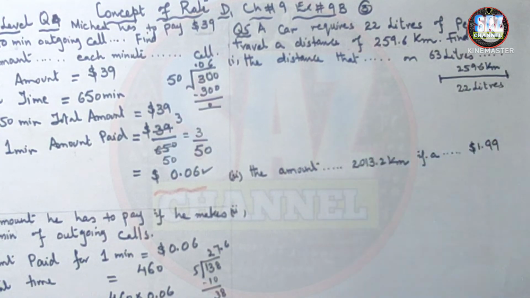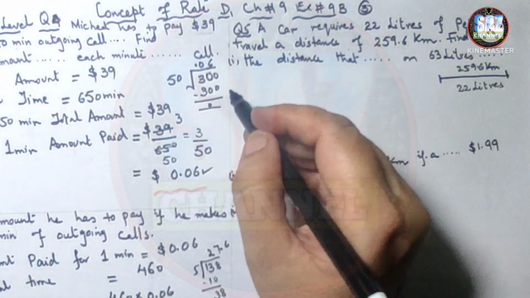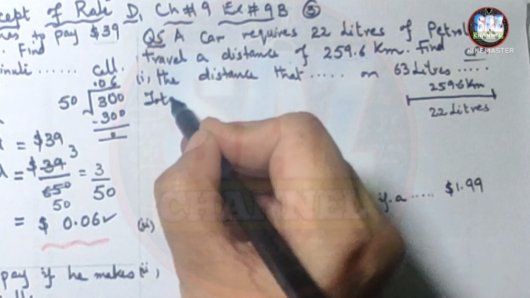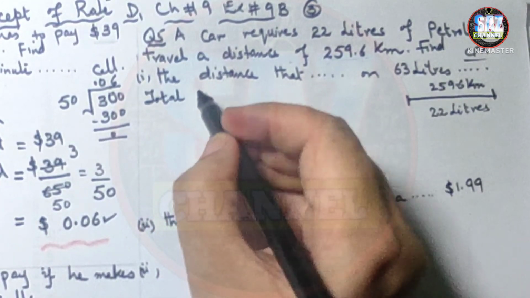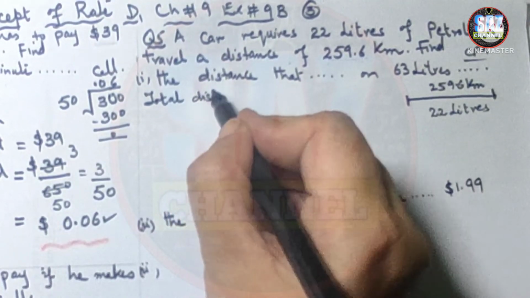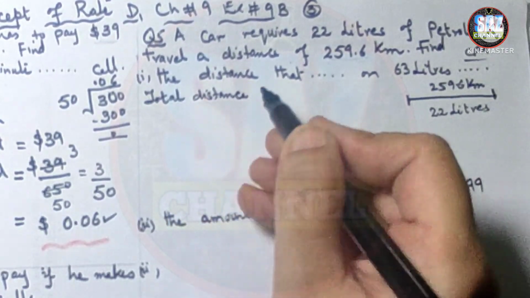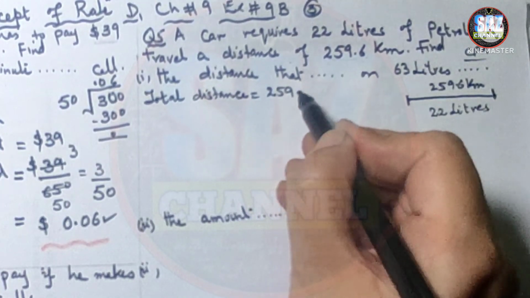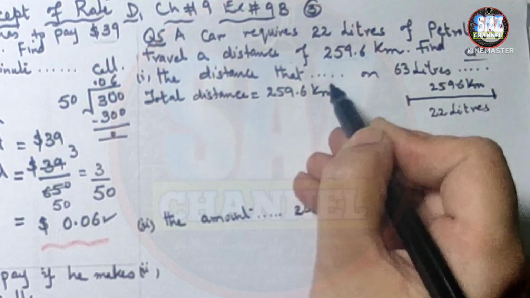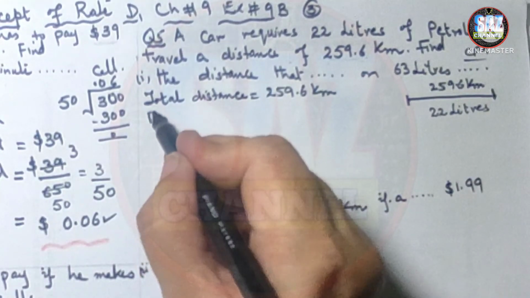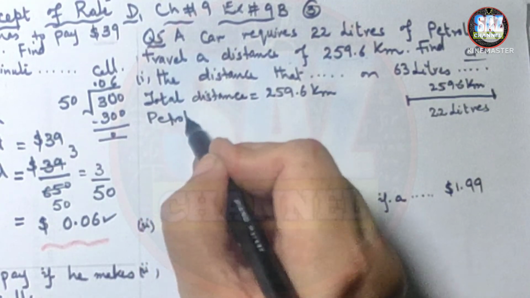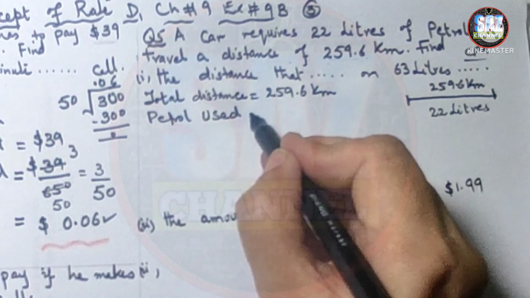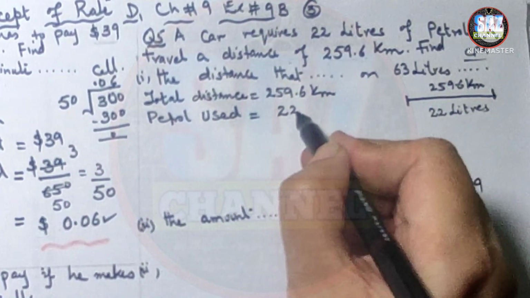So what we are going to do is: total distance is 259.6 kilometers, and the petrol consumed or used, you have to learn the alternative statements as well, is 22 liters.